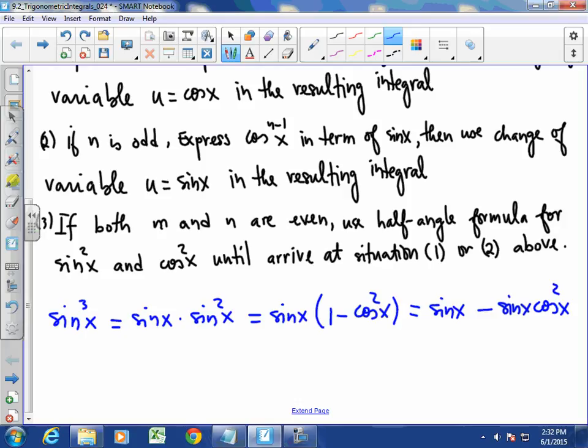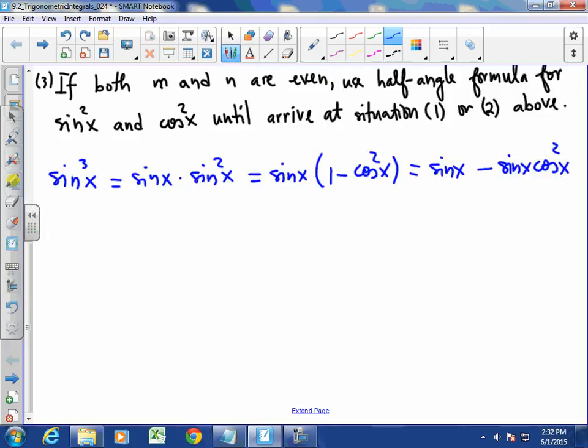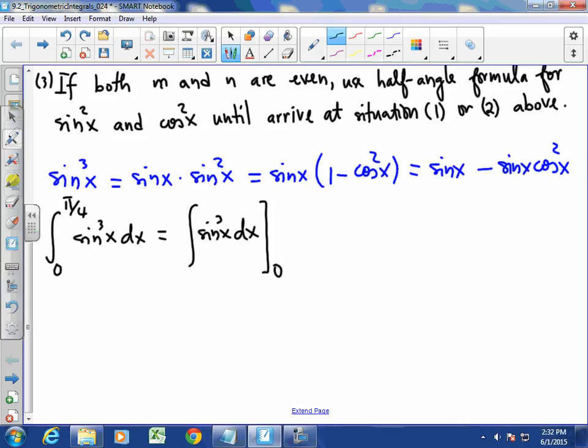So the next step, that means the integral from 0 to pi over 4 of sine cubed x dx. Remember, we can first evaluate the indefinite integral of sine cubed x dx, then evaluate it at 0 and at pi over 4 and take the difference.